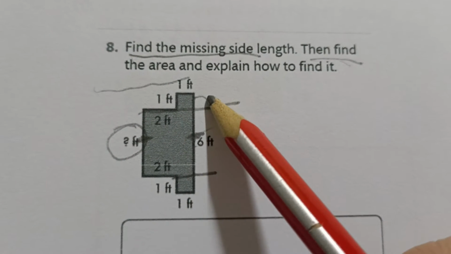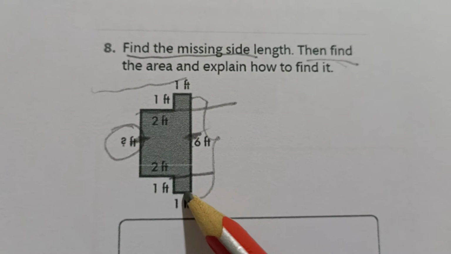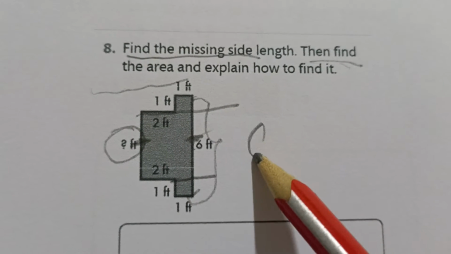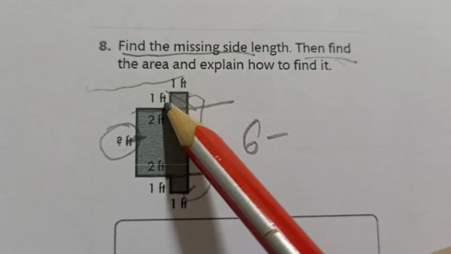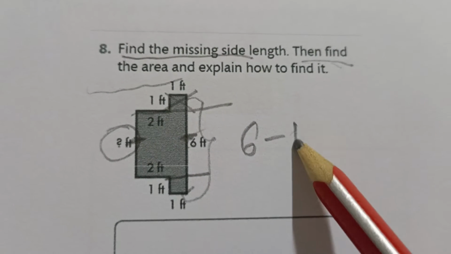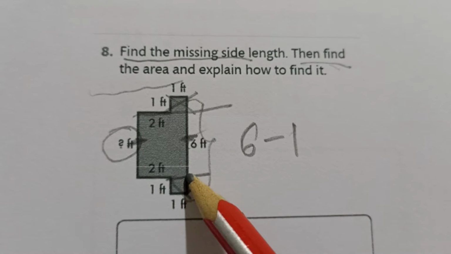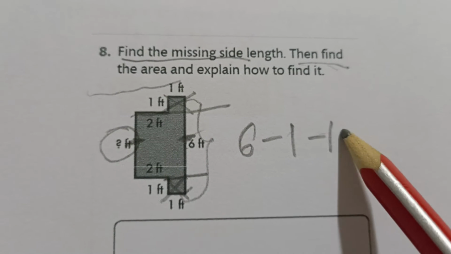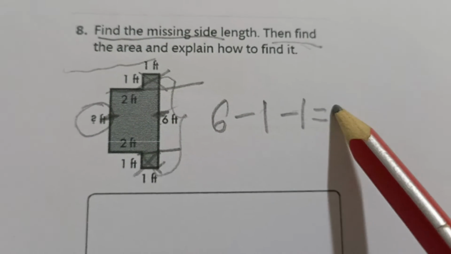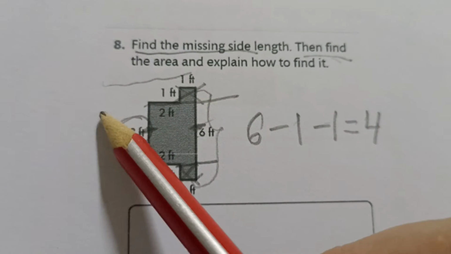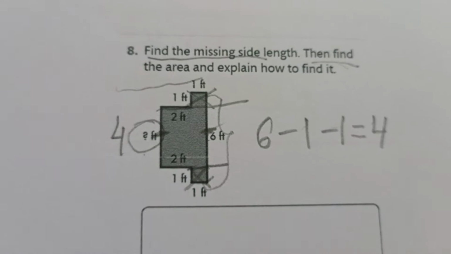Now the whole from here to here, you have 6. Now you need to subtract this part, minus 1. And now you need to subtract this part, minus 1. And we will see that this part is going to be 4. So this is going to be 4 here.